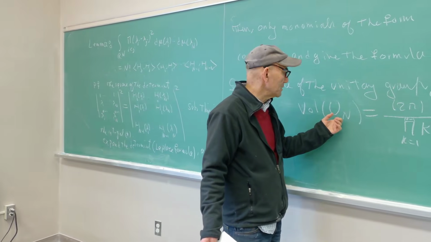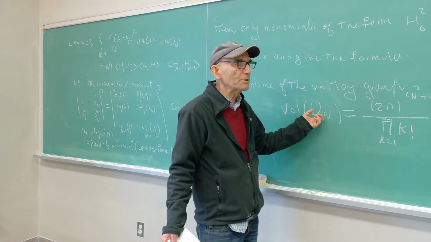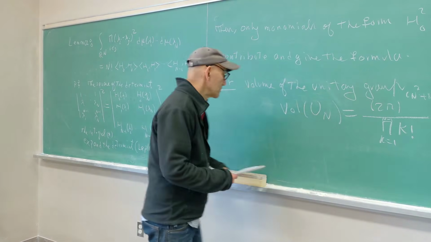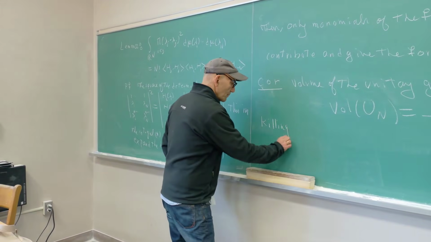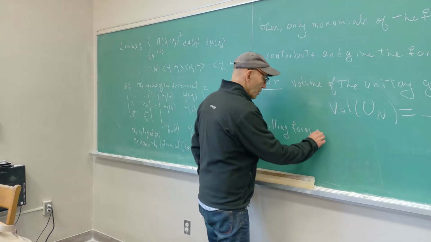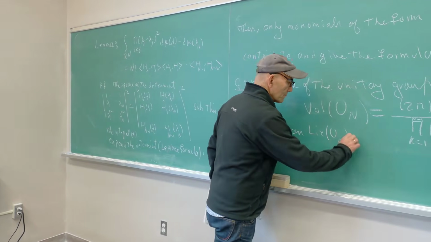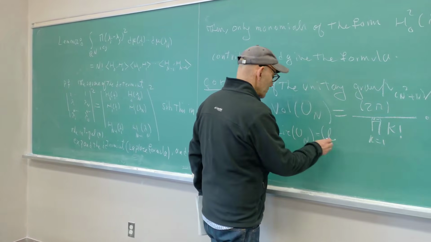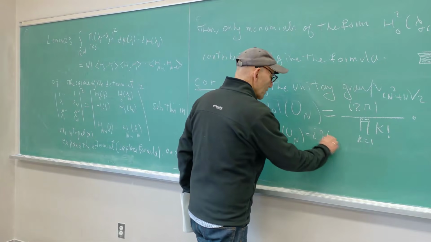But here the volume is measured with respect to a multiple of the Haar measure. Which multiple? There is a Killing form on the Lie algebra of U_n, which I discussed in one of the previous lectures. This is the skew Hermitian matrices.